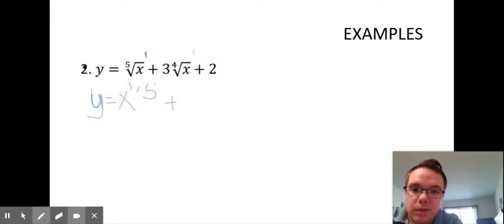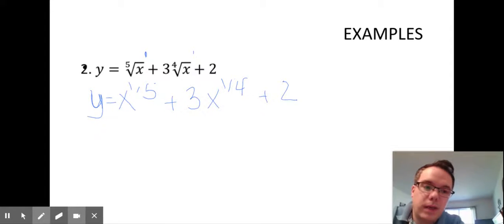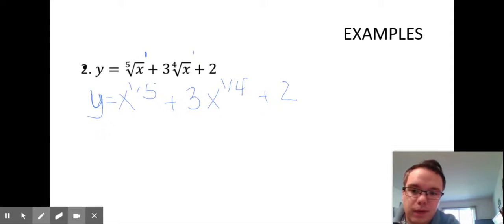Plus 3, and then what's under the radical is x, to the number outside, which is 1 over our index, which is 4. And then we have plus 2. So now we're ready to take our derivative. We're going to bring our 1/5 down.